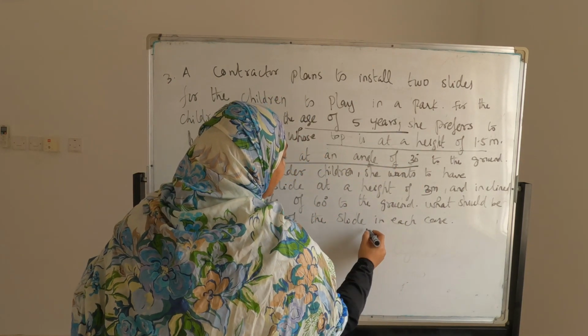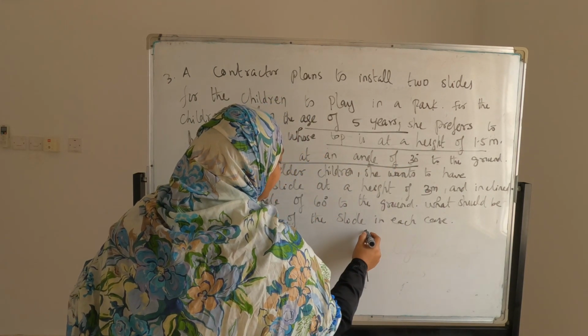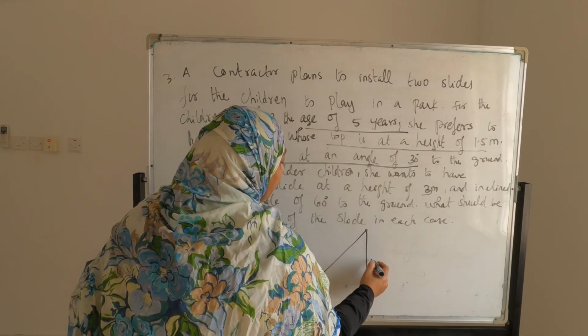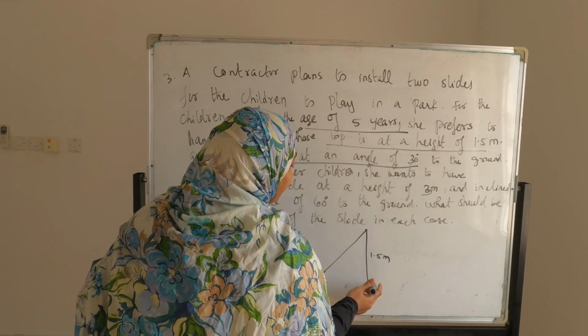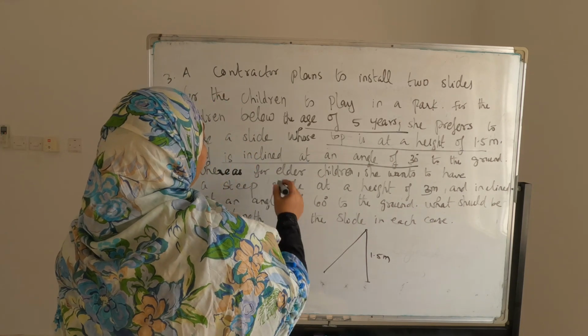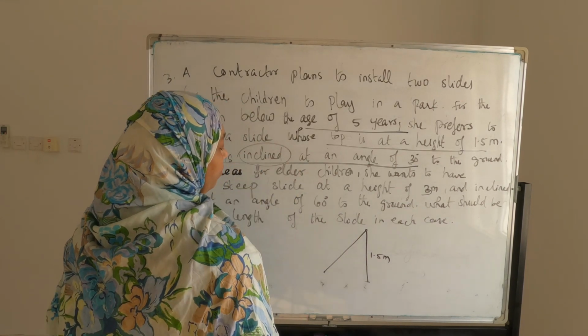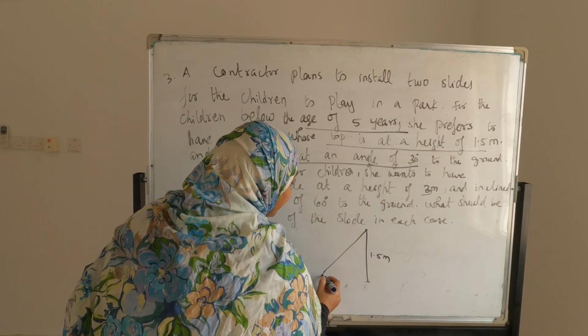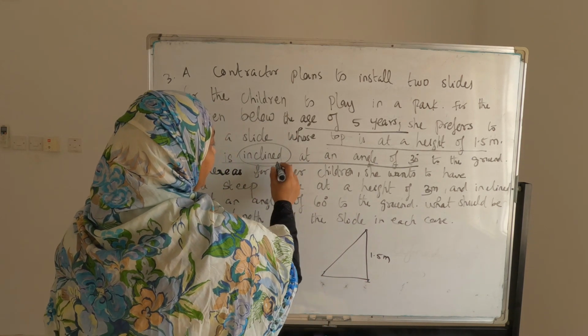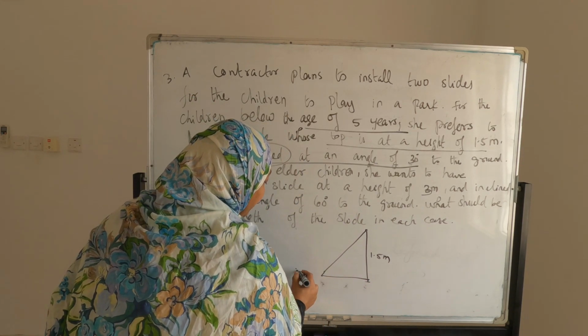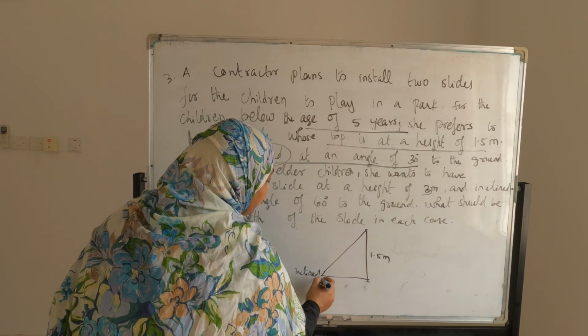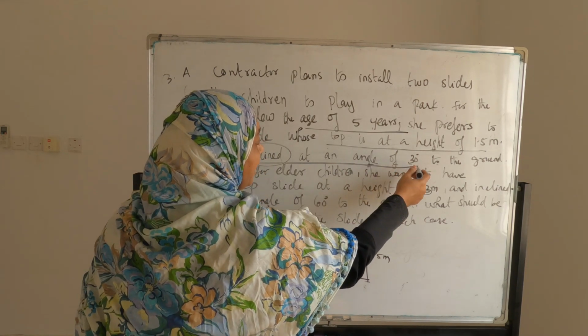Inclined means the point where that slide touches the ground. This is the incline point. What angle is it making?